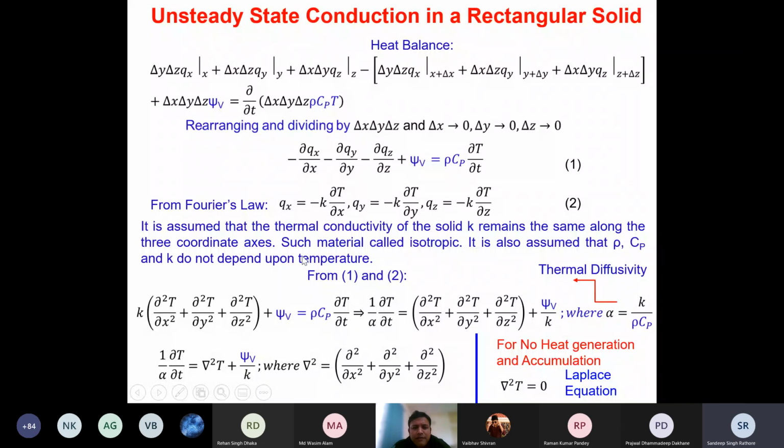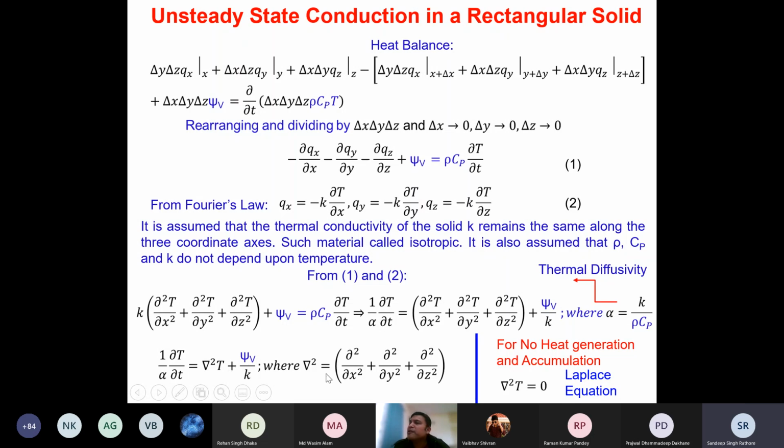From this generalized equation, we can simplify it based on the situation, and the simplified equation can be used for solving particular problems, because the generalized equation is valid for all the cases, correct?